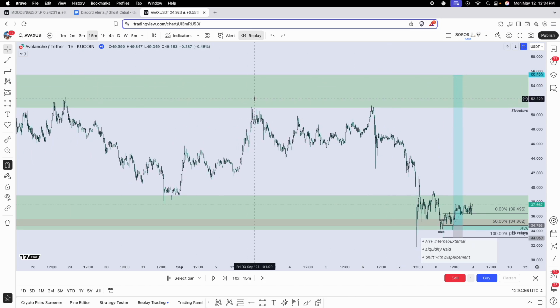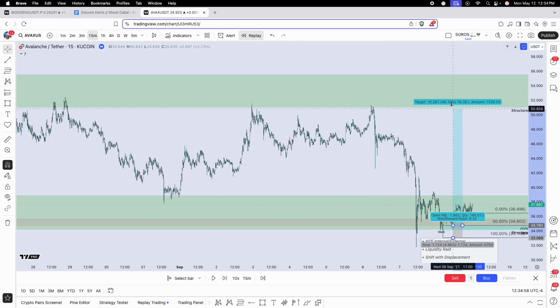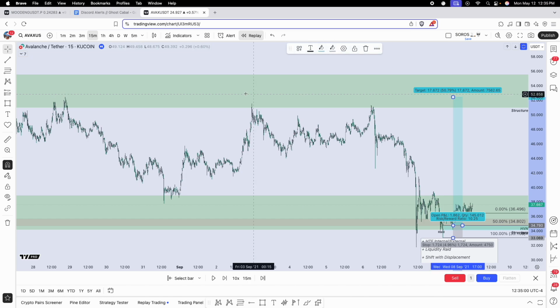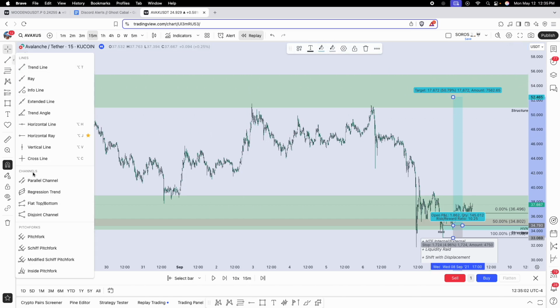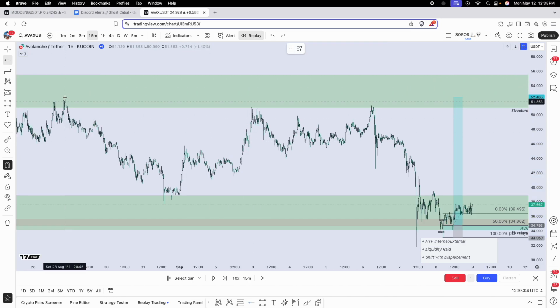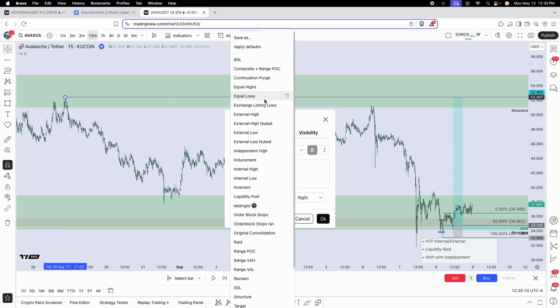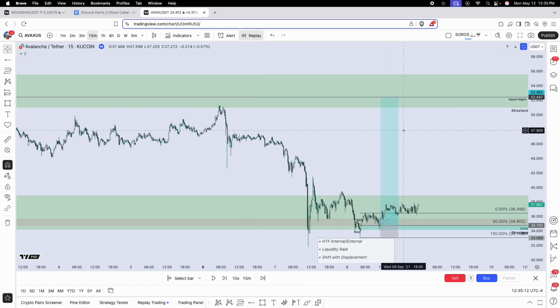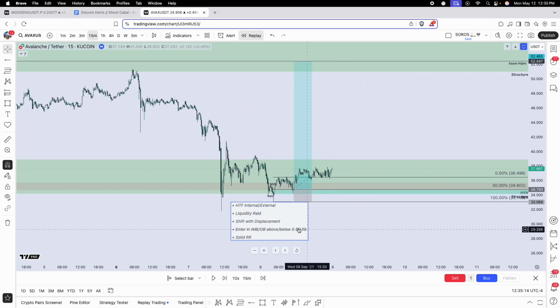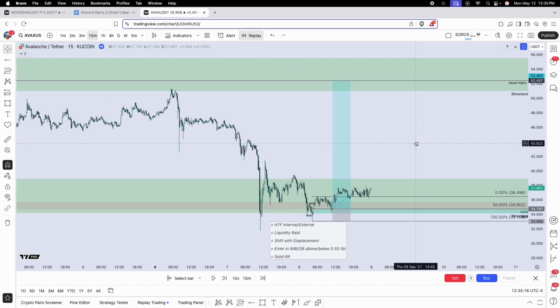So here you have equal highs. Your first target would be into structure, previous structure of these equal highs. I'm not saying this trade is going to work out, but hold on.